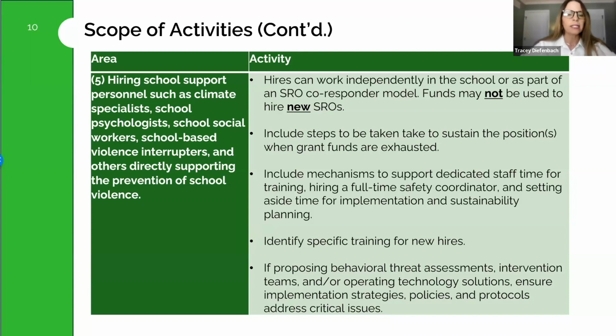It is important to also identify the specific training that any new hires will receive or may need to already have prior to being hired to ensure their readiness to work with students.